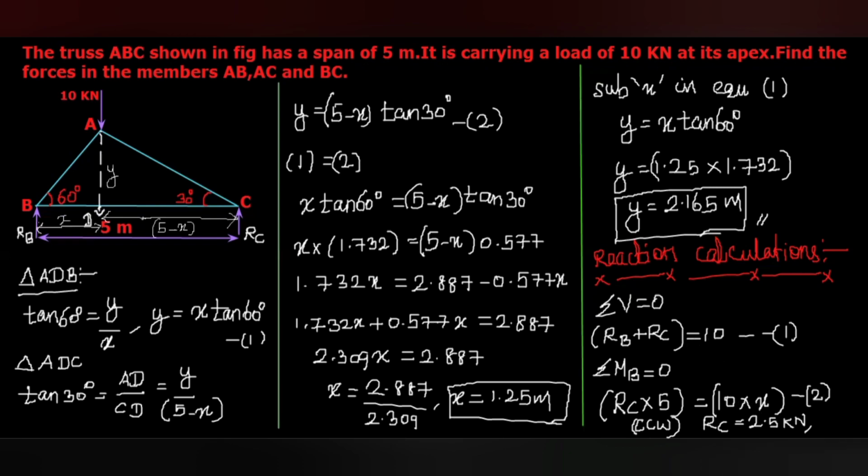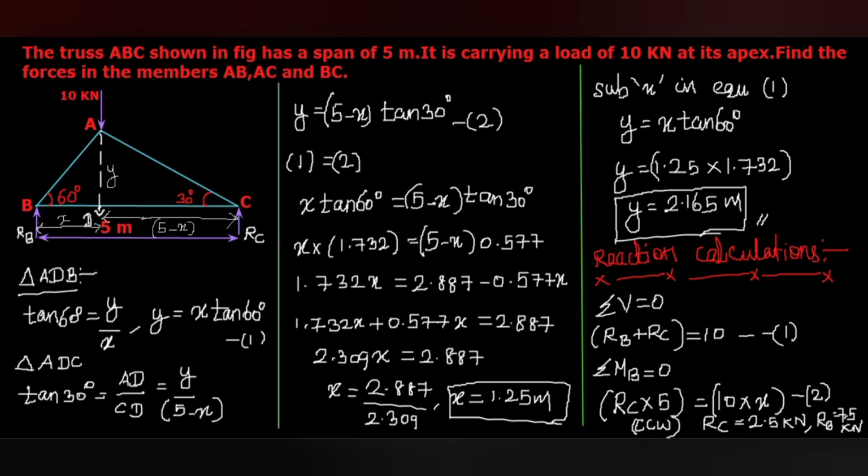That means 10 minus 2.5, we will get RB equal to 7.5 kilonewton. So we calculated the values of reactions RC and RB.